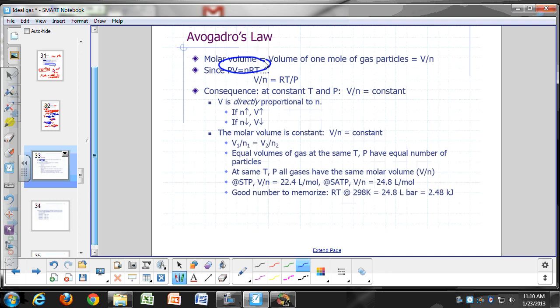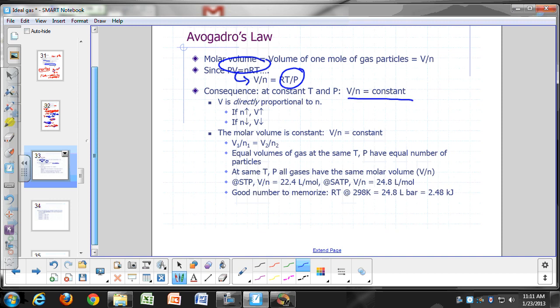If you rewrite it, V over n, the volume per mole, is just equal to RT over P. So if temperature and pressure are fixed, the molar volume is fixed. So what is it at STP? 22.4 liters per mole. What is the molar volume at standard ambient temperature and pressure? 24.8 liters per mole. Okay, so V over n is a constant.